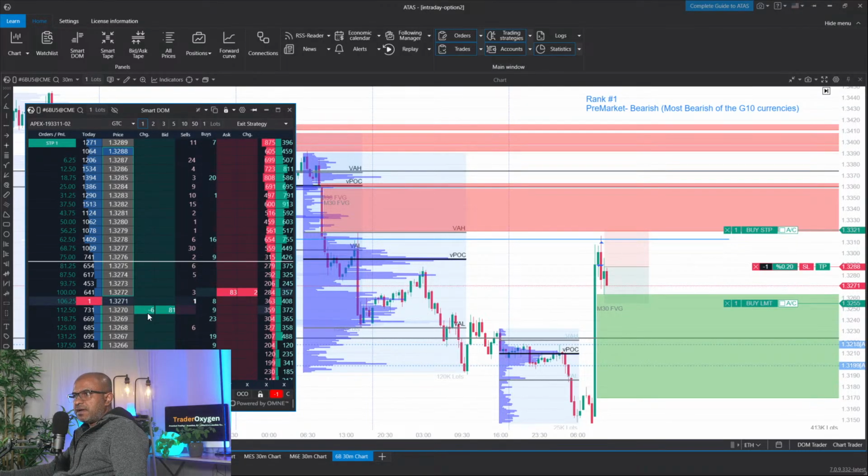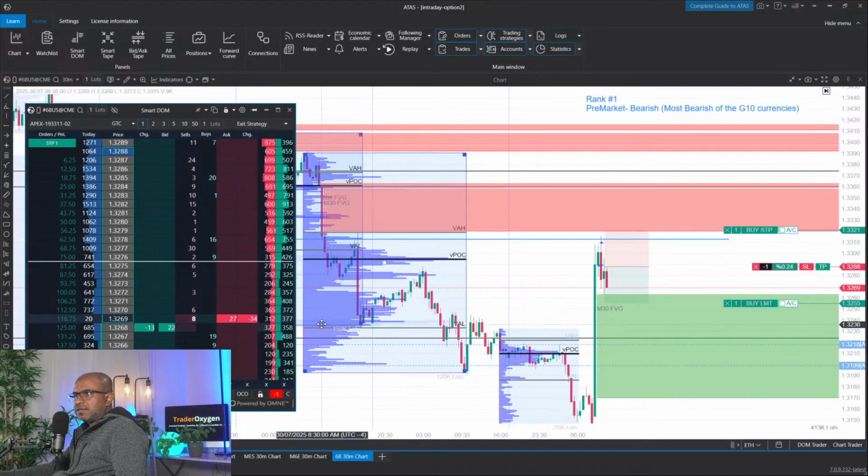That means buyers are backing and sellers are hopping in. See more and more sellers coming to the market. So these are passive sellers, these are passive buyers. These middle columns are the aggressive sellers and aggressive buyers.